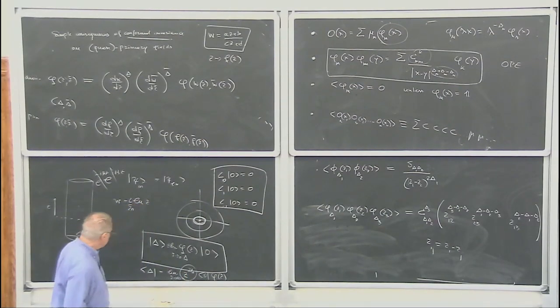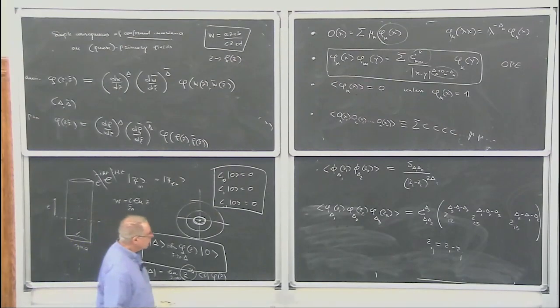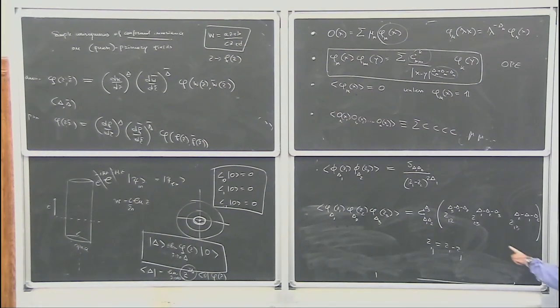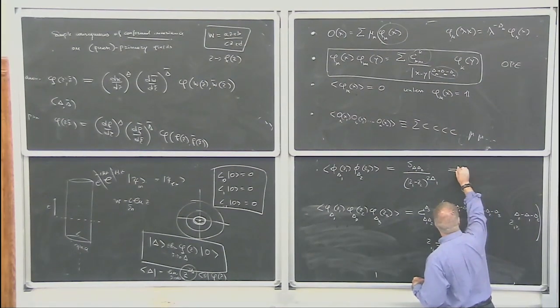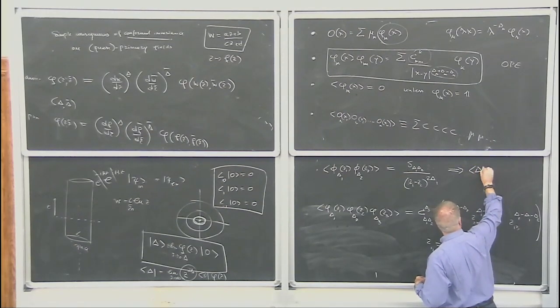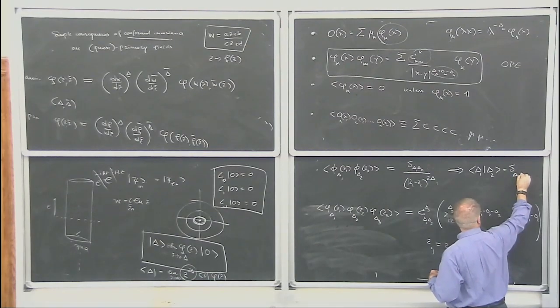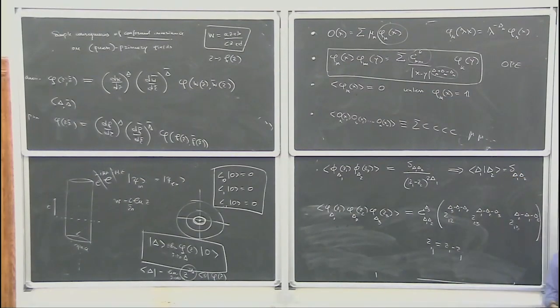Okay? Now, with this definition, what I want to say is that any relation in conformal field theory is a very pleasant story. You can interpret it either as a correlation function of fields or as a scalar product of states. So this relation I'm translating in the following relation. Okay?